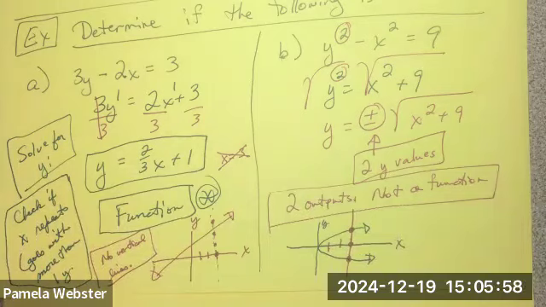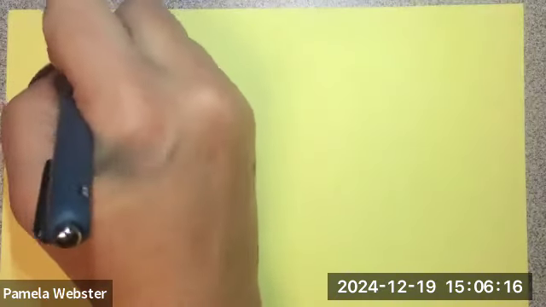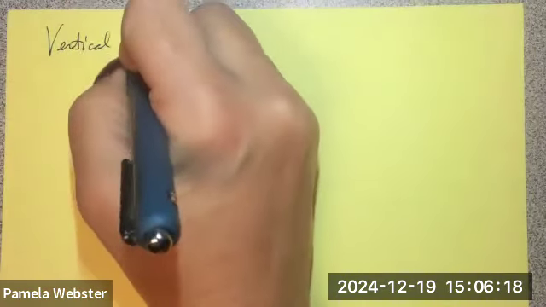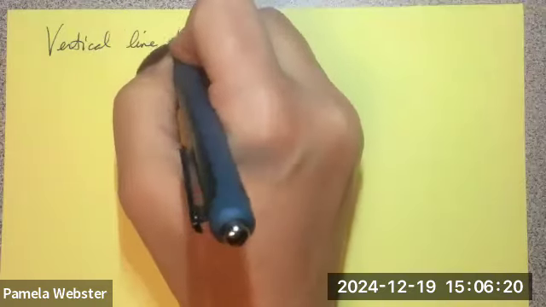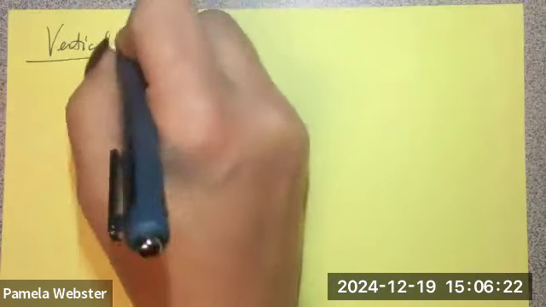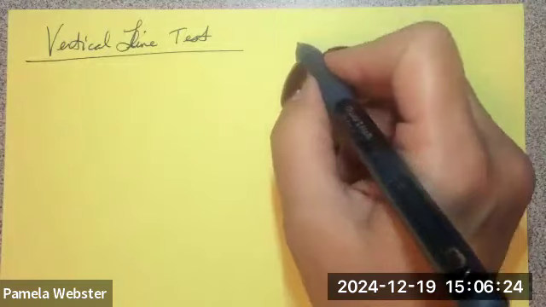What I just showed you is actually something that turns into a test that we use to check if that guy's okay, if he's a function or not. Most of my students normally know what this is. It's called the Vertical Line Test. I feel like that should be a capital L, sorry.